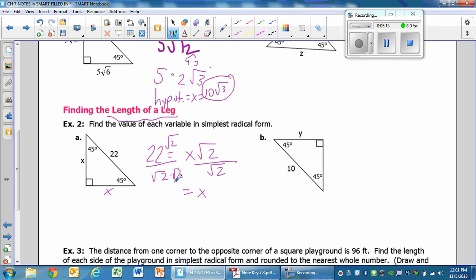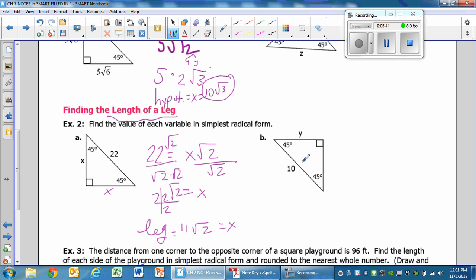Radical 2 times radical 2 is the square root of 4, which is 2. And then on the top, I would have 22 radical 2. Am I happy with that? Almost, because the radical's on top, but 22 divided by 2 is 11 radical 2. So x, the leg, is going to equal 11 radical 2.